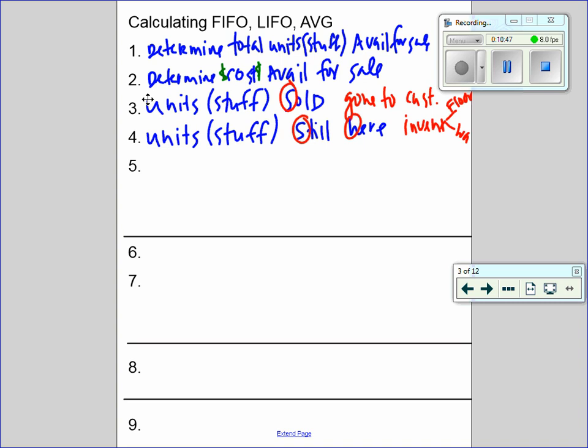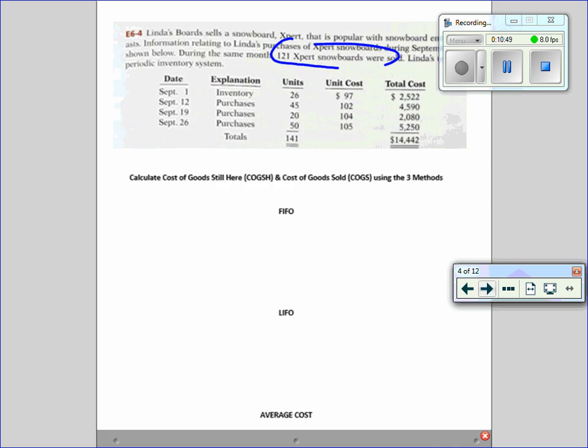So let's go back here. We know we have 141 available. Let's maybe put available right here. Minus what is sold equals what's still here.